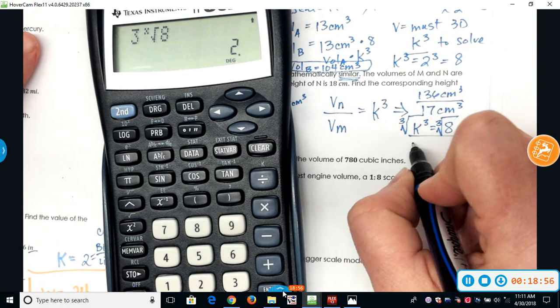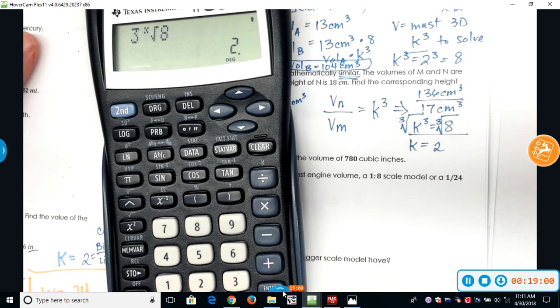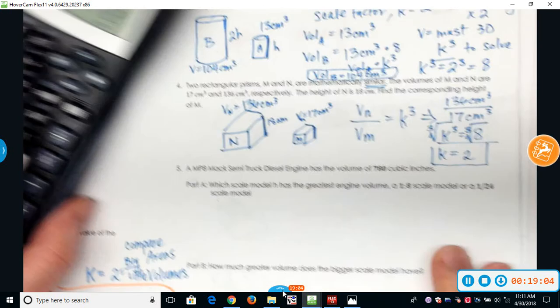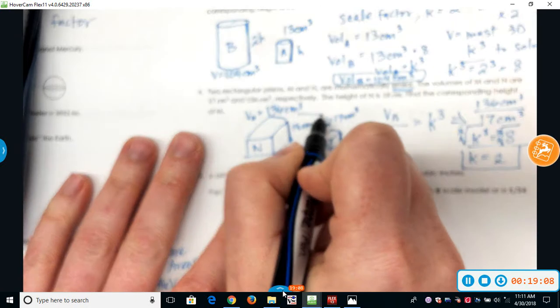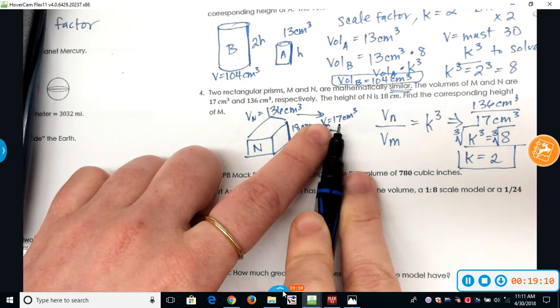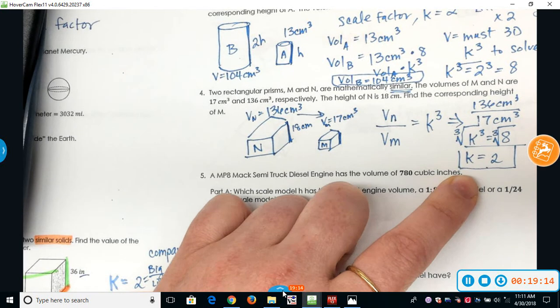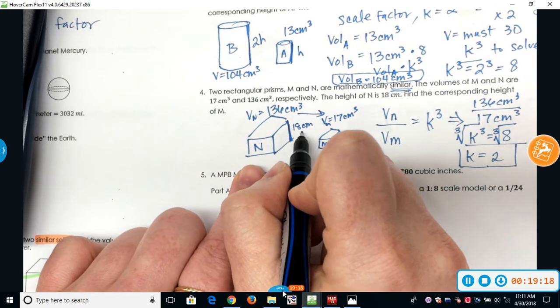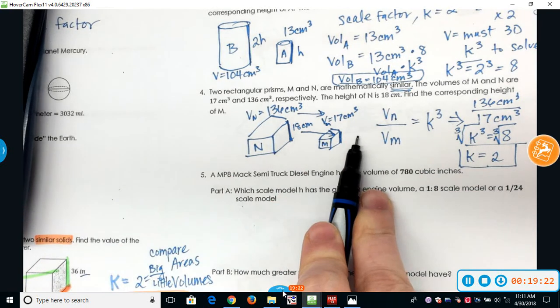I know that K is equal to 2. So what that means, when I compared the volumes, I went from big to little. Big's on top to little. Logically, I need to go from big to little here.